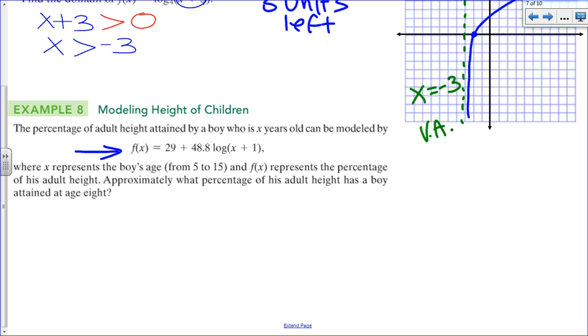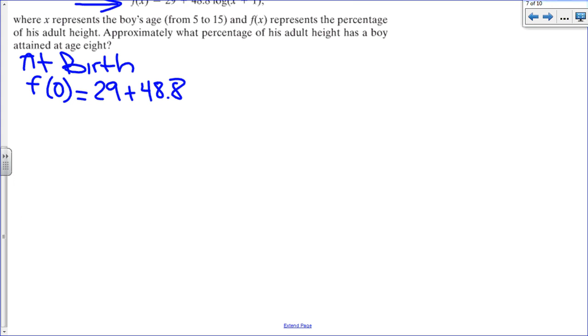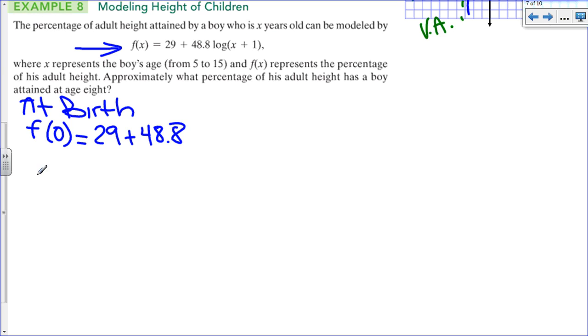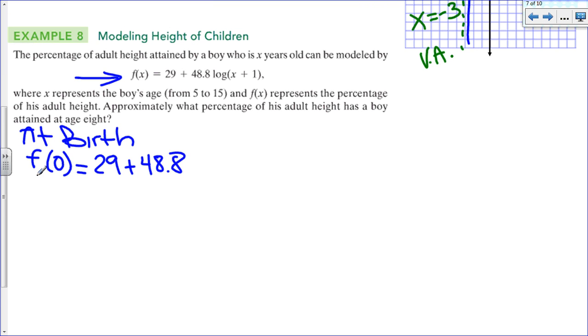So if we were to find your height at birth, we would be finding f of 0, right? So that will be 29 plus 48.8 log of, instead of x, we substitute a 0, plus 1.